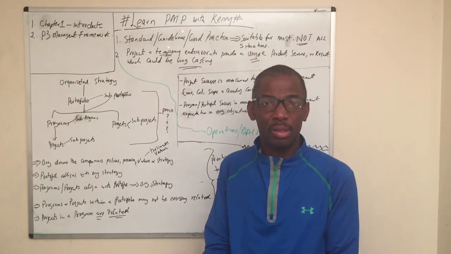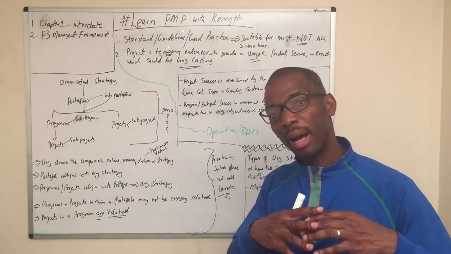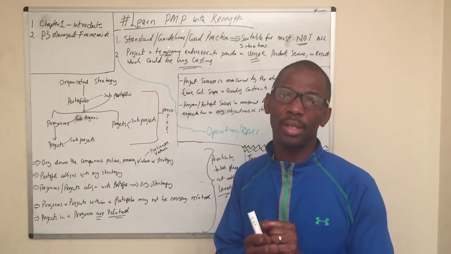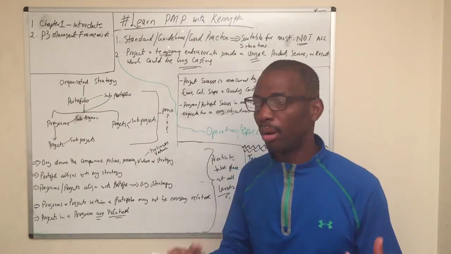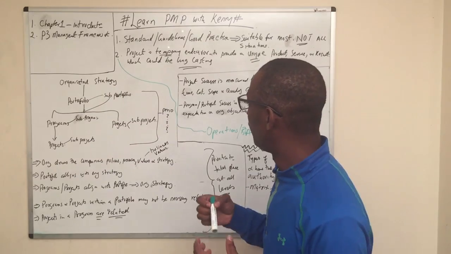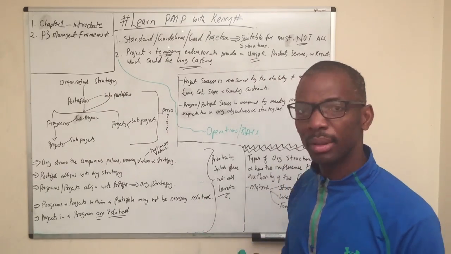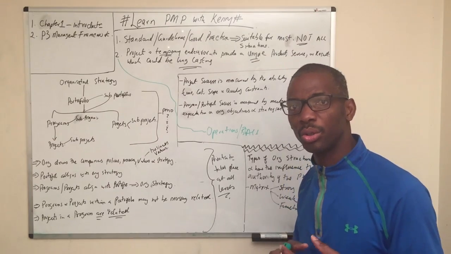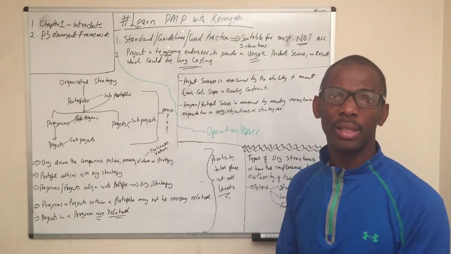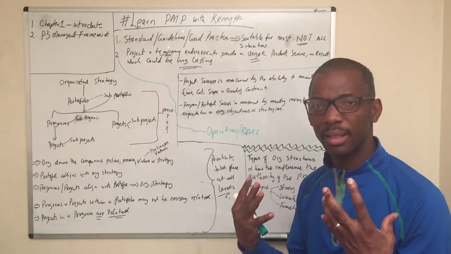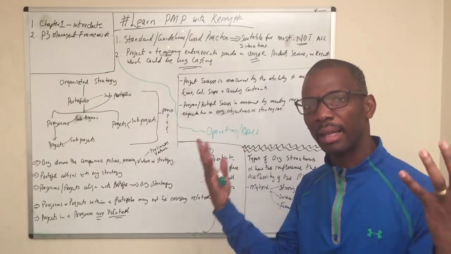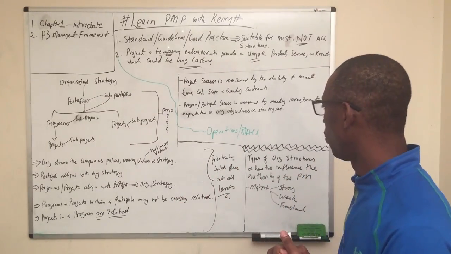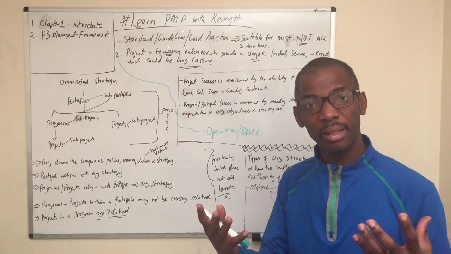They're there to do business and to make money. As a result, they do have strategy. When you think of organizational strategy, think about policies, values, things that make them tick, organizational structure, and objectives. When you think of organizational strategy, those are the guiding principles that work within the organization.